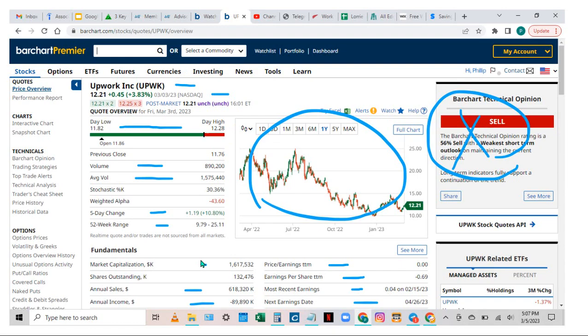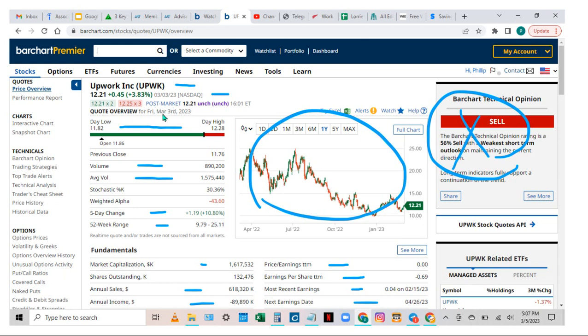So here on this Barchart screen, I'm going to use just this main screen. You would type in here Upwork or the symbol UPWK. You'll get a price overview, and it shows different information, right?